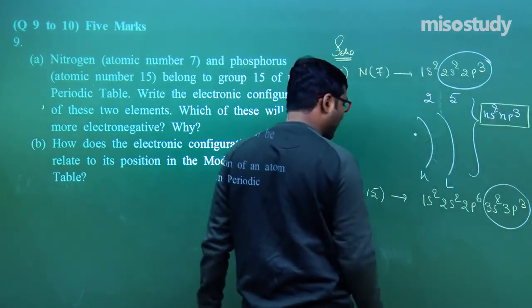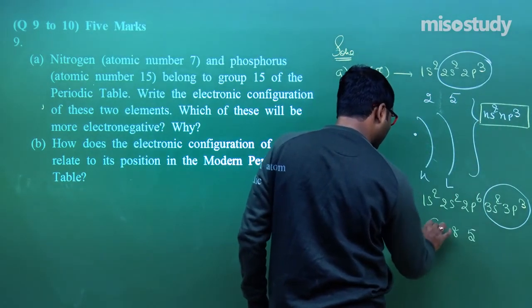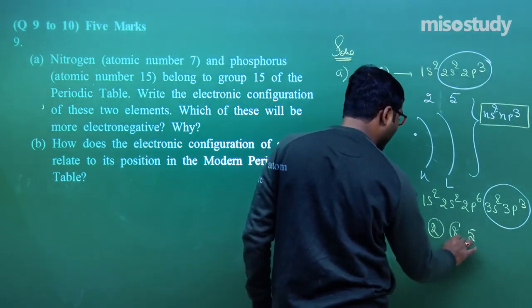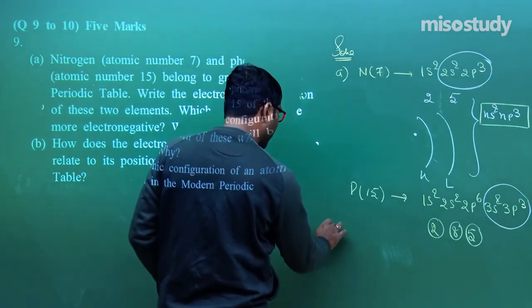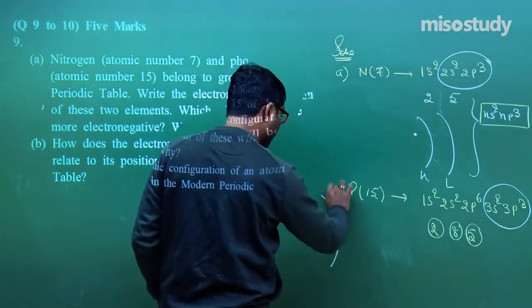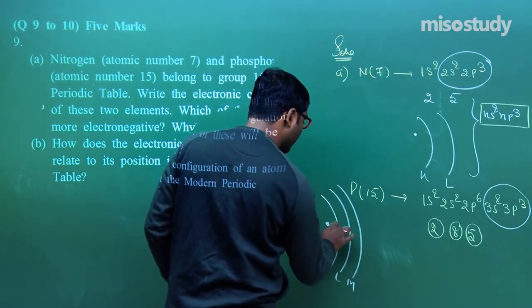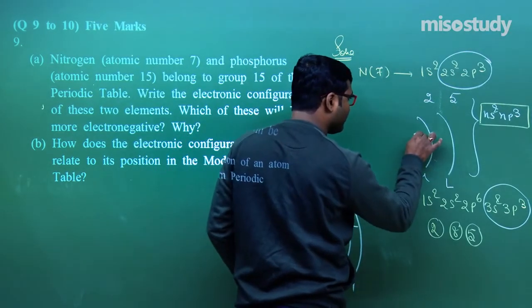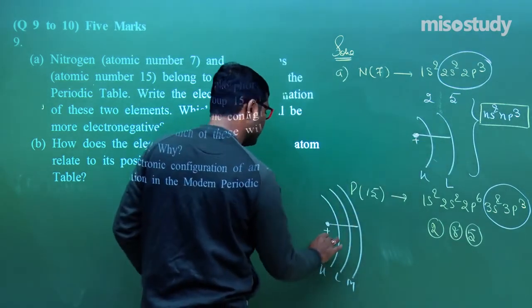Now shell-wise, what will you write? That is 2, 8 and 5. K will have 2 electrons, L will have 8 electrons and M will have 5 electrons. By pictorial representation, that is the case. The last valence electrons will move here like this. Clear to you? Yes. This is the nucleus, my friend. Positive charge. This is the nucleus.